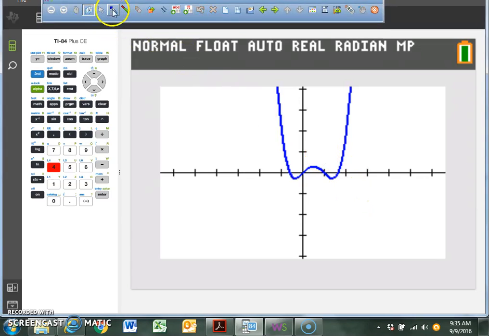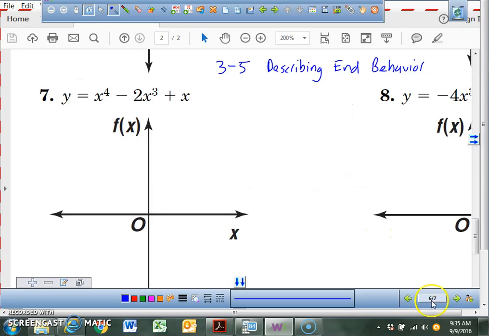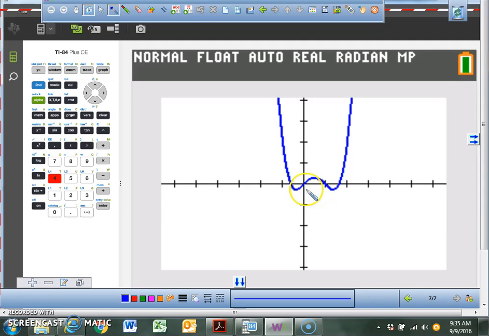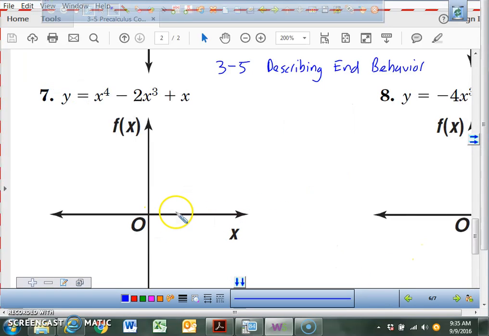Most of you have this graph on your paper, all right? But if you don't, look how it goes through right here at 0, 0, and it goes through 1, 0. Make a decent estimate of that on your paper.